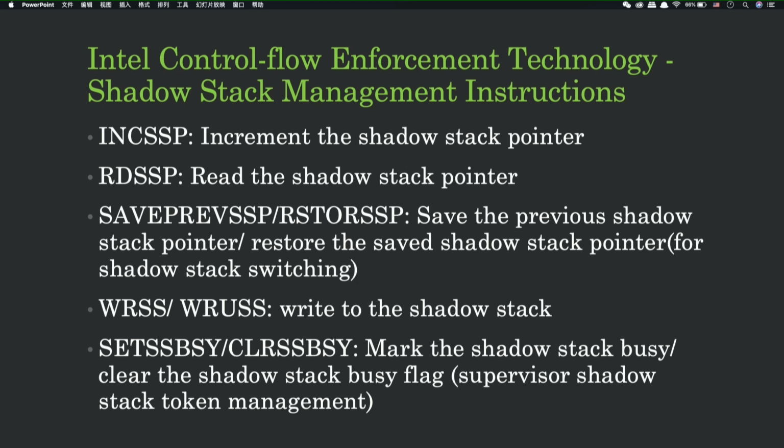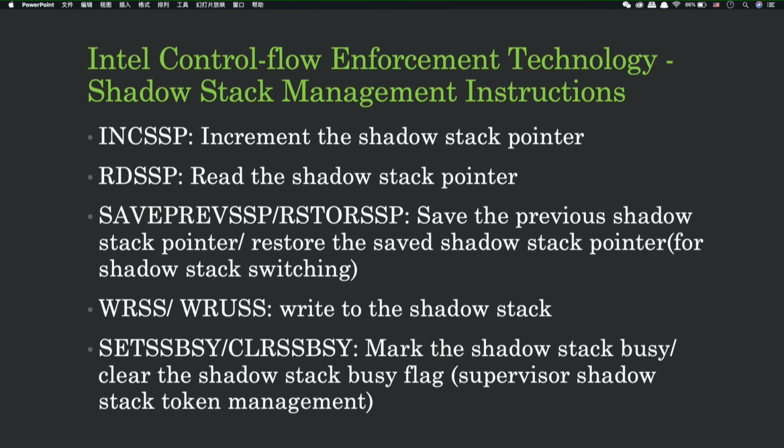In order to use those, new instructions were introduced. For example, for shadow stack management, there are a bunch of new instructions. If we want to increment the shadow stack pointer, then INCSSP is used. If we want to read the shadow stack pointer, then RDSSP is used. There are also two other pairs of instructions which are very interesting.